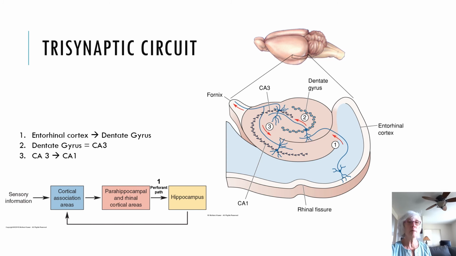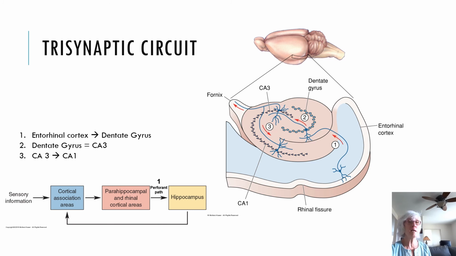At the hippocampus, and specifically in the dentate gyrus of the hippocampus, there's going to be a synapse on a second neuron in this trisynaptic circuit, and this second neuron is called a CA3. CA stands for Ammon's horn, in an English version of the Latin.